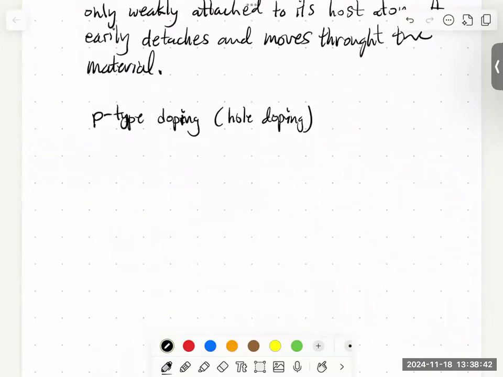Okay, so we're going to use a dopant with 3 valence electrons.